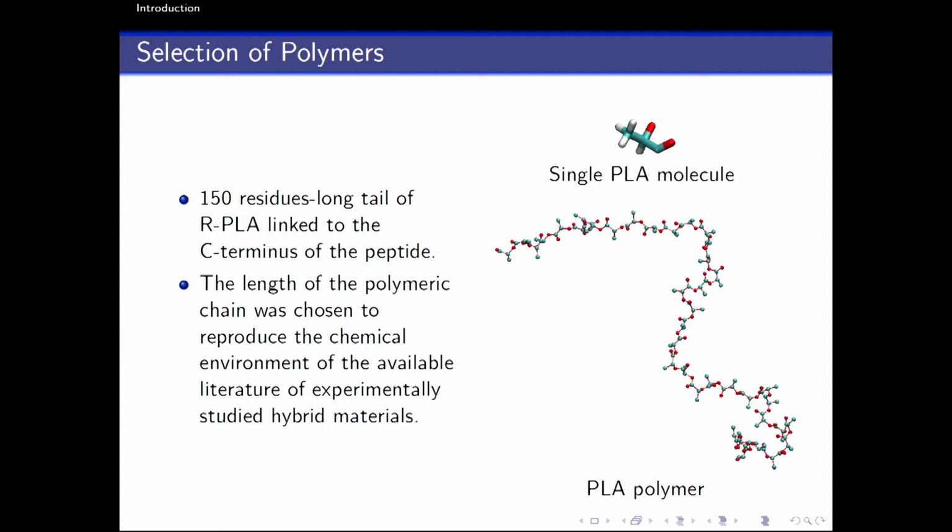So we used the 150 residue long tail of PLA that was linked to the C-terminus, the end of the peptide. So we chose a 150 residue long polymer to reproduce the chemical environment of the available literature.